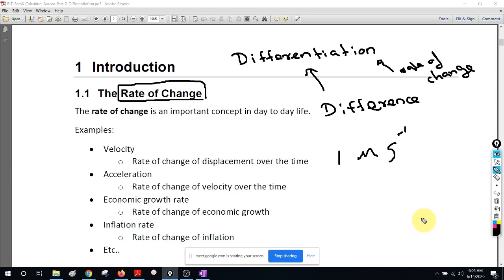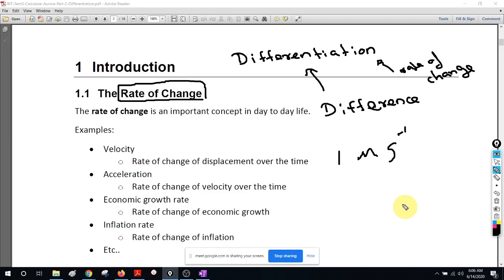That is the rate of change. Then if I am moving at 1 meter per second, in 10 seconds I am supposed to move 10 meters. If I am moving at 10 meters per second, in 10 seconds I am supposed to move 100 meters. Likewise, once you know the rate of change, you can predict what is going to happen in a particular time.